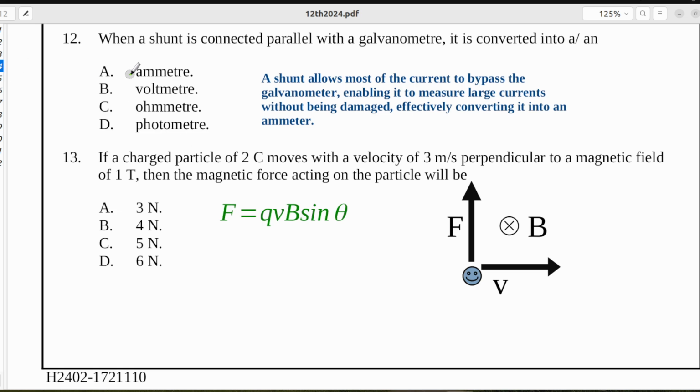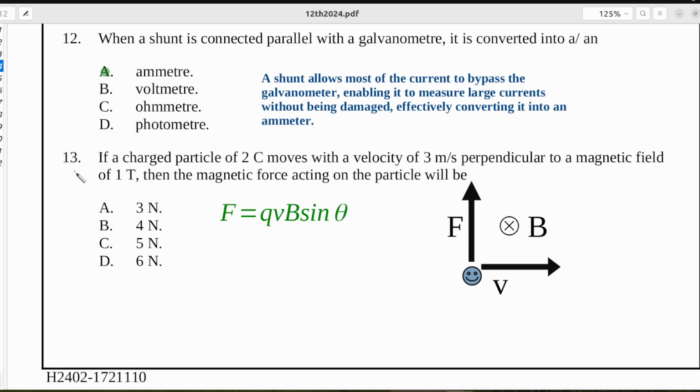When a shunt is connected parallel with a galvanometer, it is converted into an ammeter. Let's see the explanation. A shunt allows most of the current to bypass the galvanometer, enabling it to measure large currents without being damaged, effectively converting it into an ammeter. So our correct option is option A.